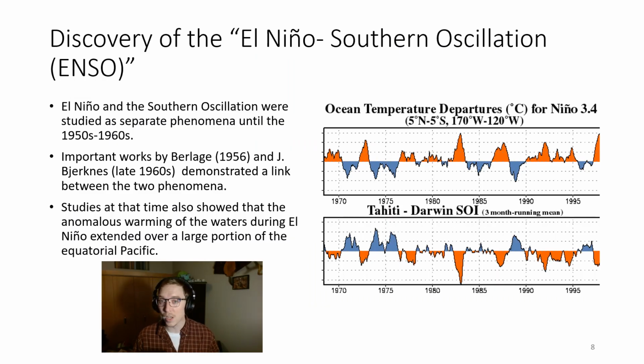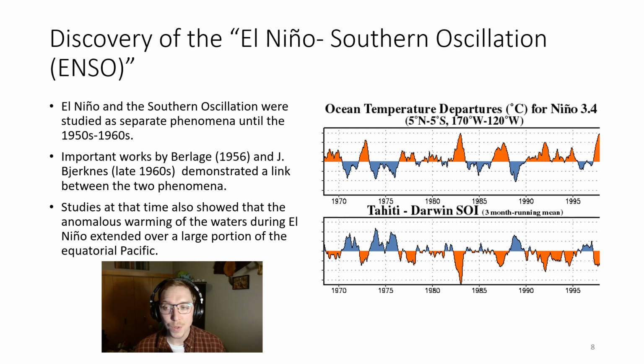El Niño and the Southern Oscillation were studied as separate phenomena until the 1950s to 1960s. Important works by Berlage in 1956 and Bjerknes in the late 1960s demonstrated a link between these two phenomena.